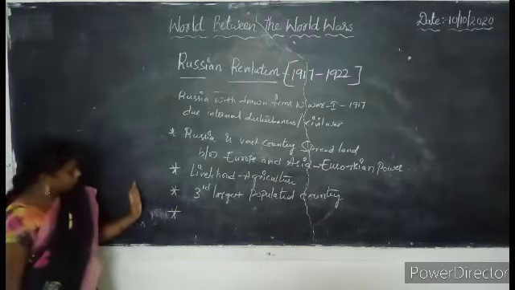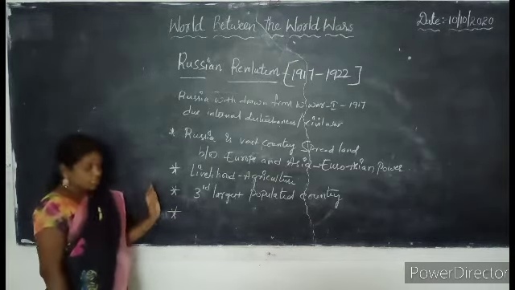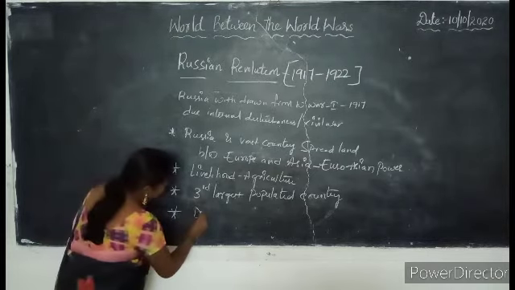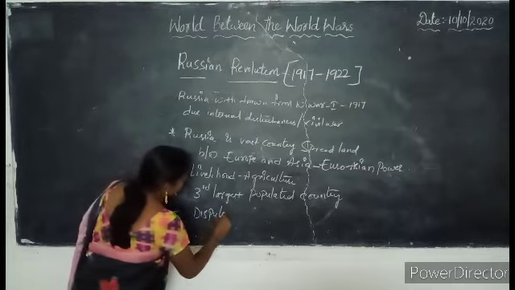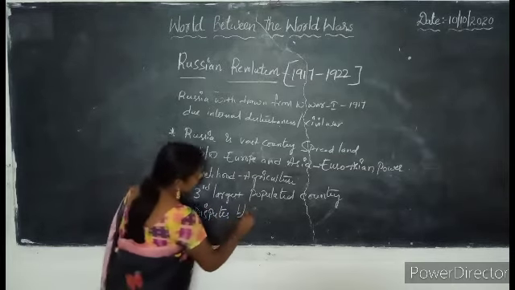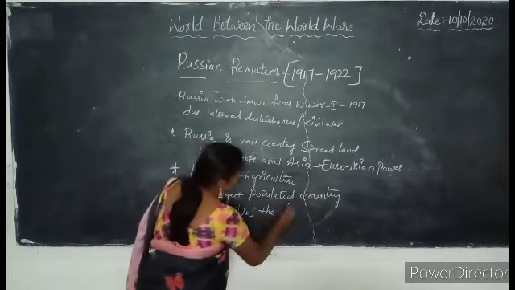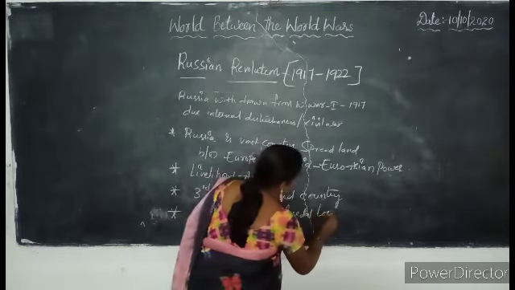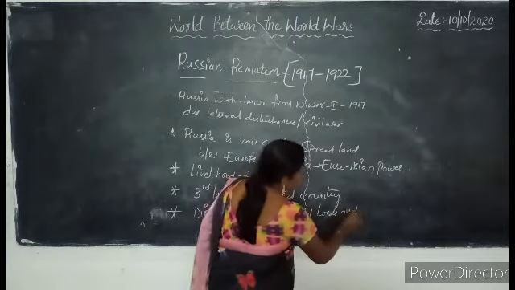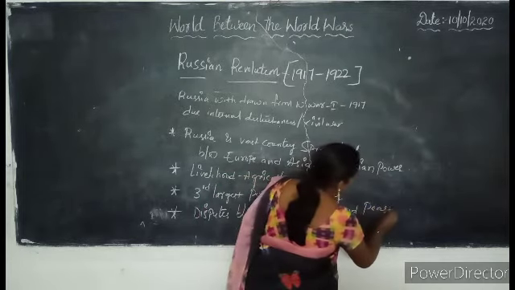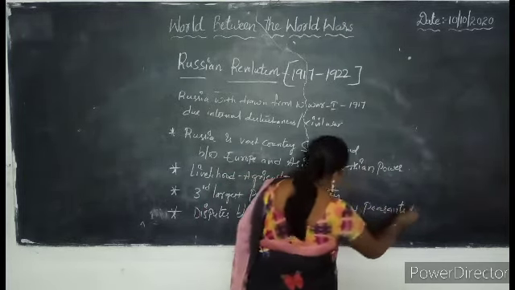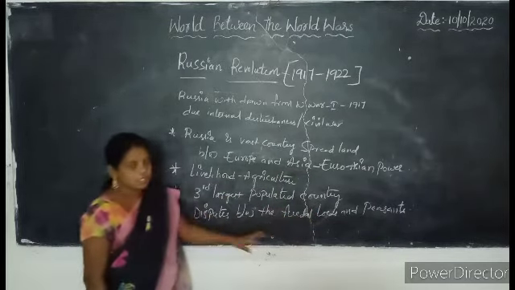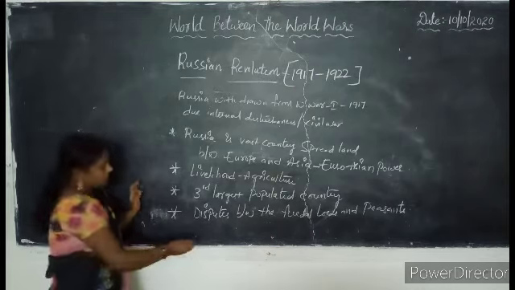There were disputes between the feudal lords and peasants. So there were some disturbances between the feudal lords and the peasants. For what? For the land.